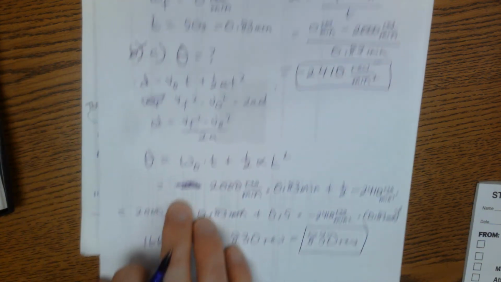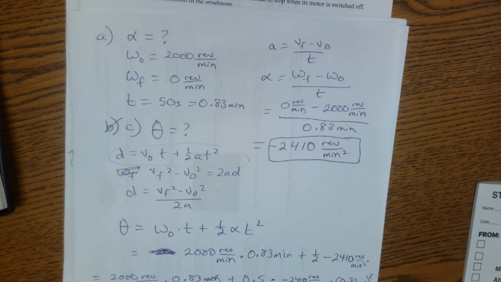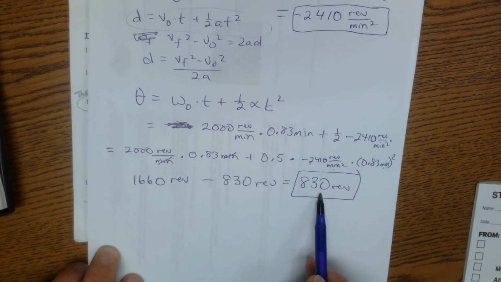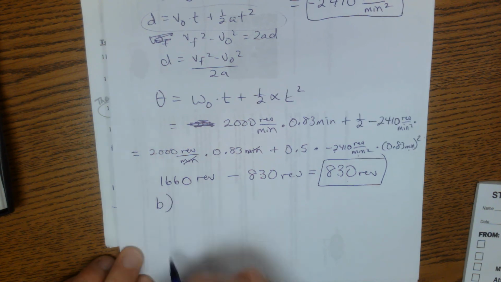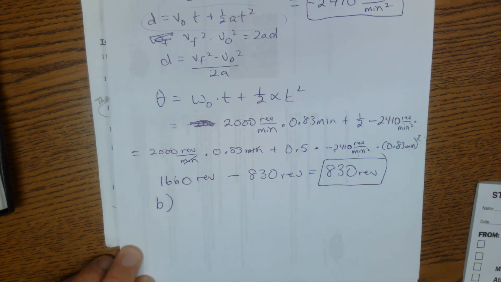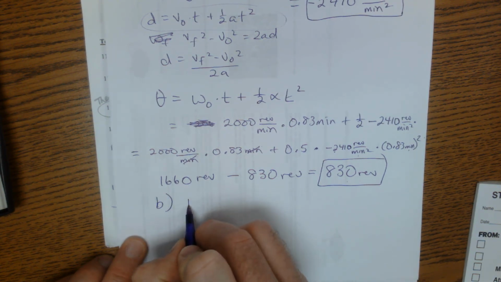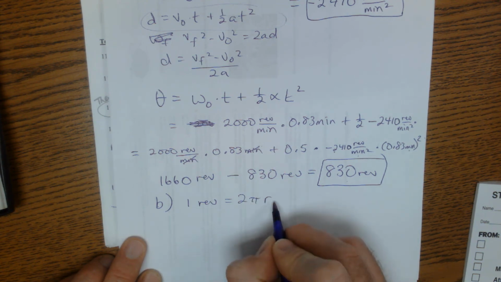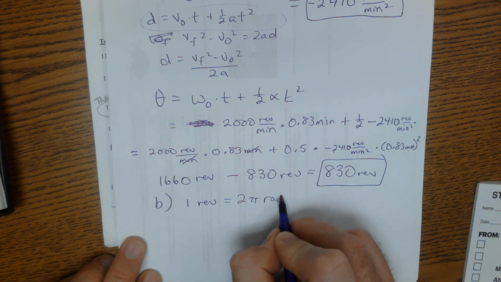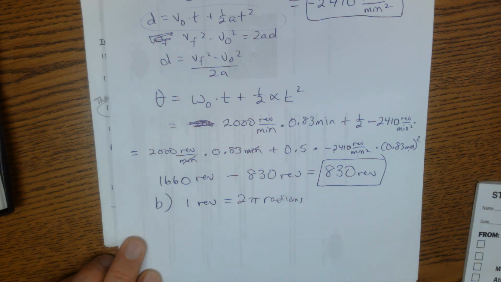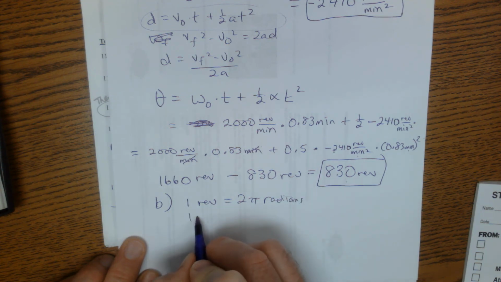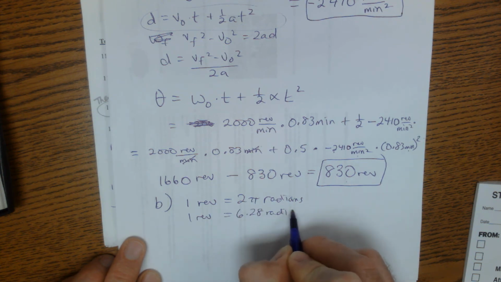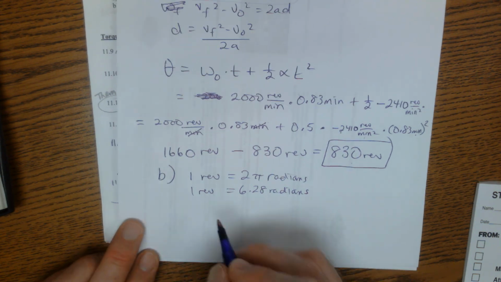All right, kind of a long problem. We're still not done. We found the angular acceleration and the number of revolutions, and finally we have to go back to part B, which asked how many radians this is. One revolution is equal to 2 pi radians, so basically 1 revolution is equal to 6.28 radians.